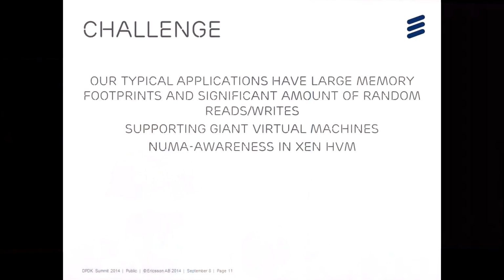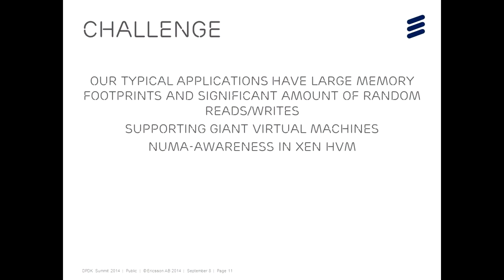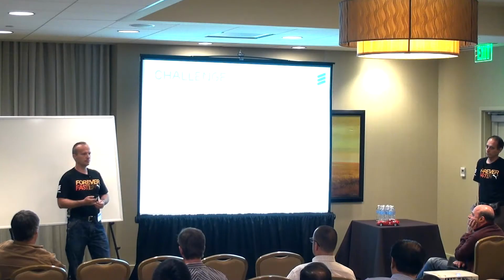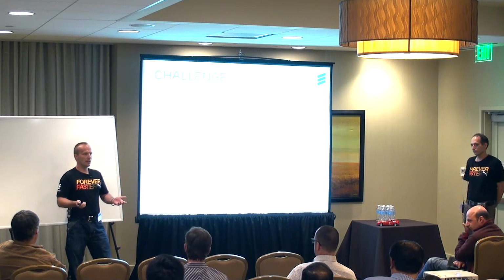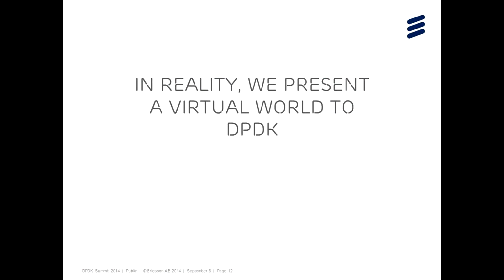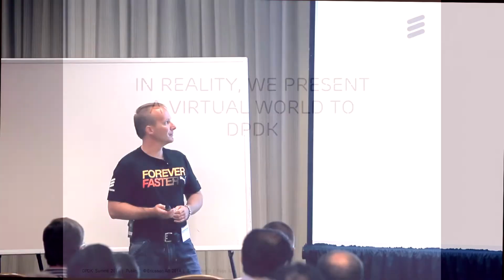And Xen at the moment does not provide NUMA information within the VM, so we had to come up with some solution to make our applications make use of all the NUMA resources, even if they are unaware of the NUMA. So finally, we extended DPDK with some sort of virtualizing it, but I wouldn't use the word virtualization.